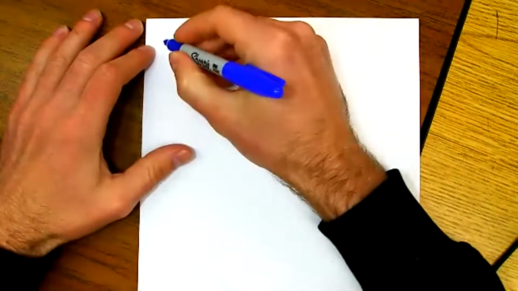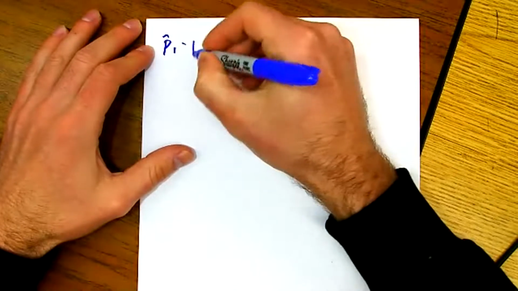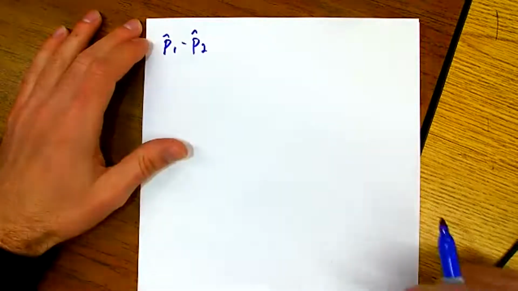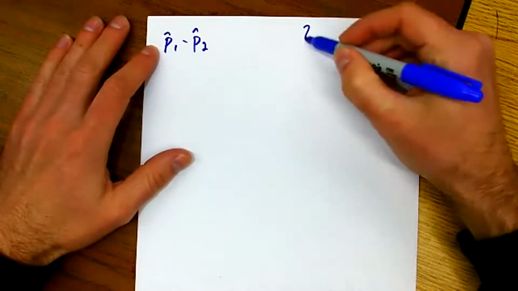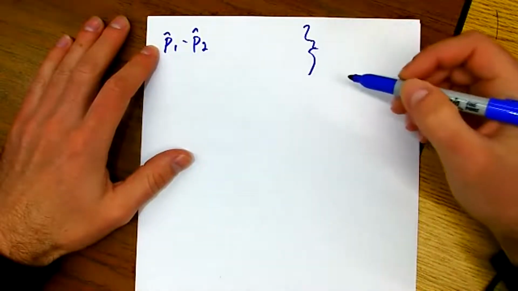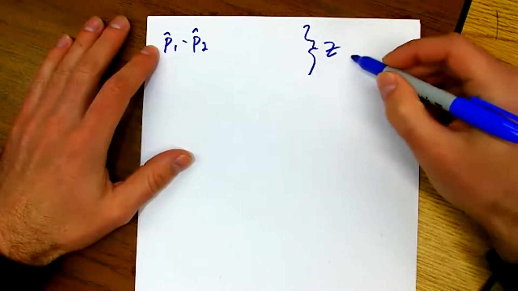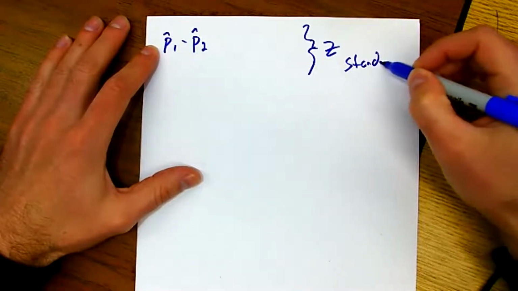If I'm giving you sample proportions, and we're looking for the difference in sample proportions, anytime I see proportions, I'm using the z or standard normal tables.